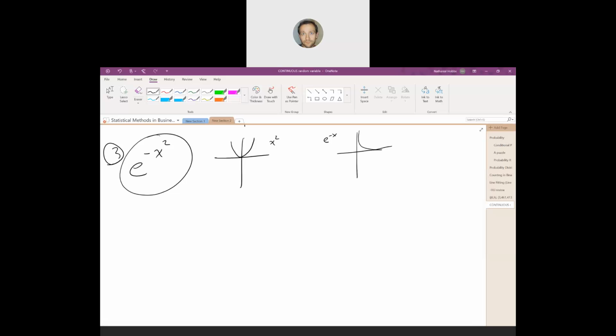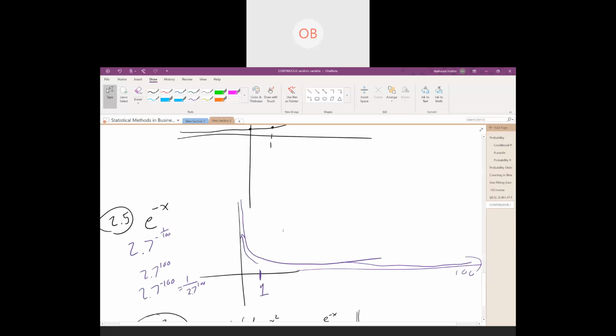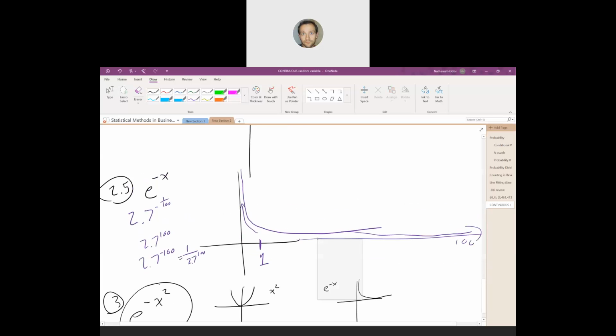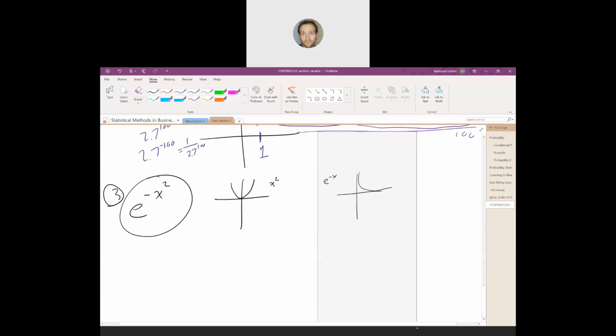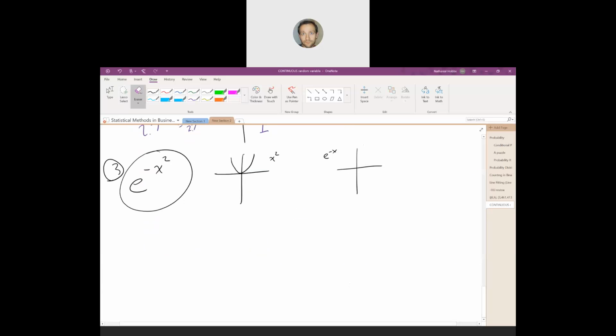Where is the previous picture? Let me go up. This one? Yes, I drew it here. So these are the two pictures. We have e to the minus x. Let me draw it a little bit better here.